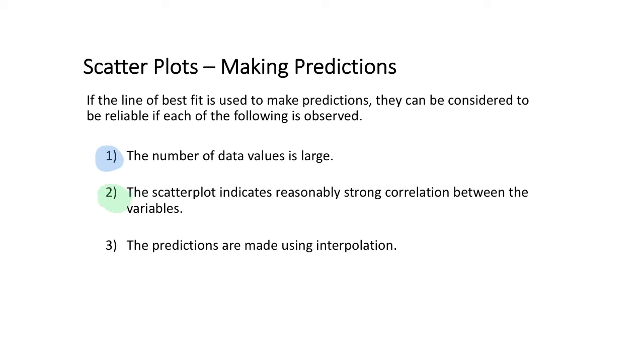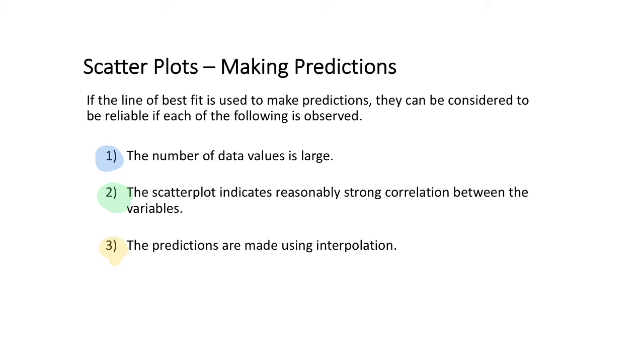Another factor impacting reliability of predictions is the strength of the relationship. If the relationship is strong, then our predictions are going to be more reliable. The weaker the relationship, the less reliable the predictions are going to be. And the last factor that we discussed previously is the use of interpolation and extrapolation in making our predictions.